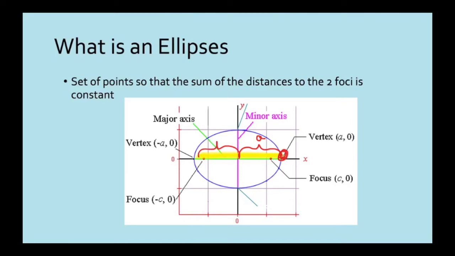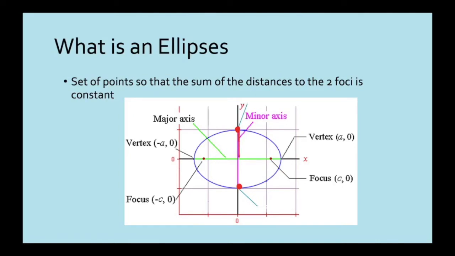And it shows that the center of that ellipse is between the two vertices. We also have a minor axis. At the end of that minor axis, we have two co-vertices. On your note sheet, you have the word co-vertices right there.